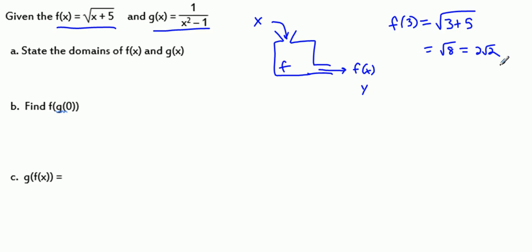Okay? Now, that's just a little bit of background review information, but the importance of it is that we're going to talk about things you can and can't do. For example, with f of x, can I just put anything I want in for x?